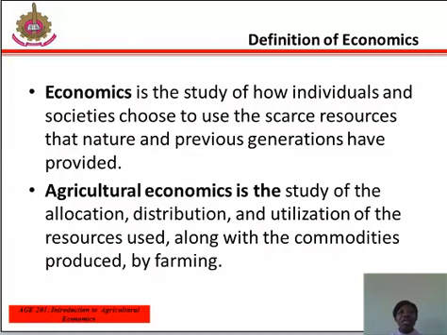Secondly, to understand our society. Also, we study economics to understand global affairs. And lastly, we study economics to be an informed citizen.